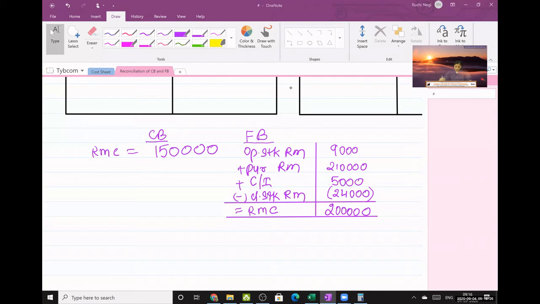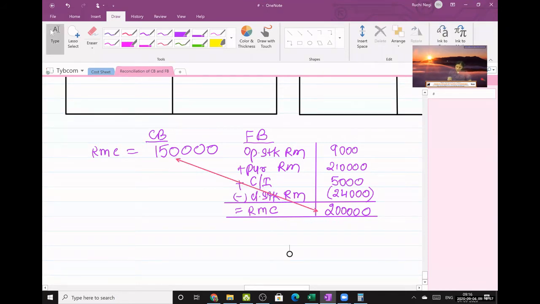Okay? What will we take? We will take the difference, right? Yes, Swapnil, it is excess by 50,000. Very good. So let me tell you, look at this.